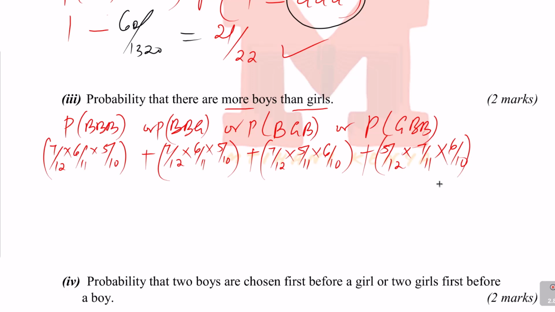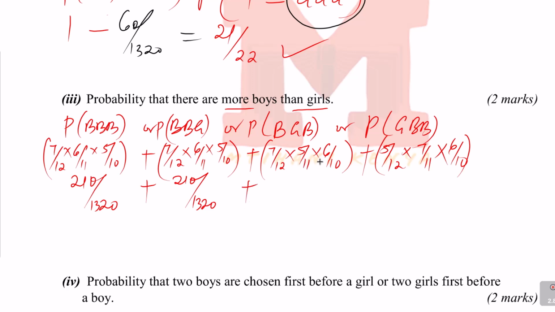So multiply out these. The first one, 7/12 multiplied by 6/11 times 5/10, you will get 210 over 1320. The second one, again 210 over 1320.